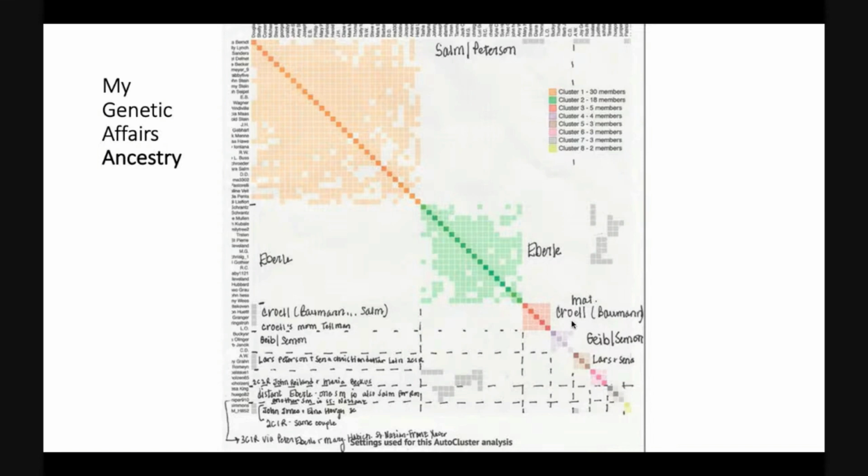Here we have my Genetic Affairs report back when they let me access my Ancestry results. So you can see I've got a matrix. So the people on the left are the same as the people on the top. And I've cropped that so that you can't see their names.